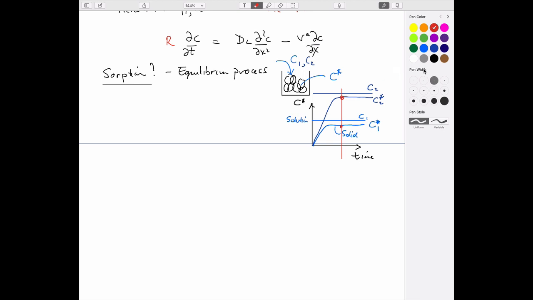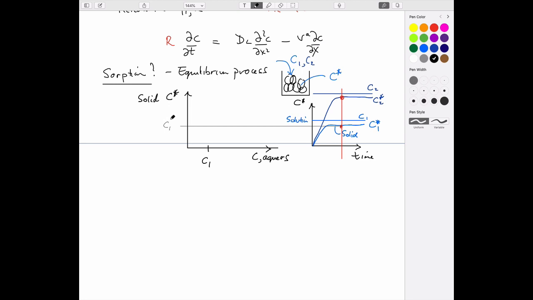And so what we could do is plot another graph directly from this. And this graph would be, again, the concentration that's present on the solid, but versus the concentration on the aqueous. And I suppose we'd be interested in C1 rather than C1 star. So this would be C1. This is a bit too simplistic.